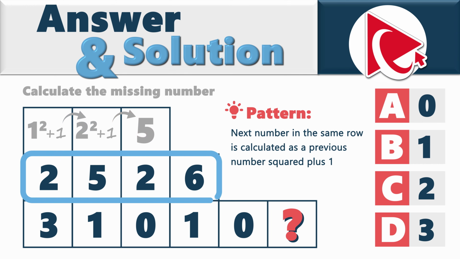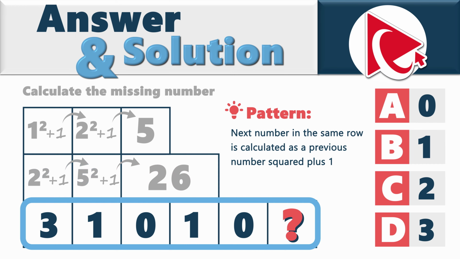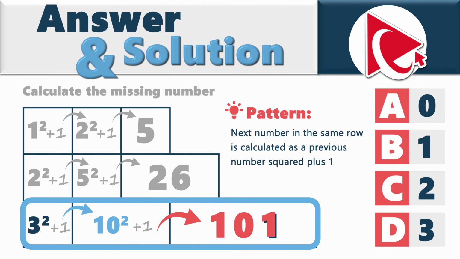For the second row, the calculations would be 2 squared plus 1 equals 5. And 5 squared plus 1 equals 26. Let's calculate the missing value now. 3 squared plus 1 equals 10. And 10 squared plus 1 equals 101. So the missing number here is choice B, 1.